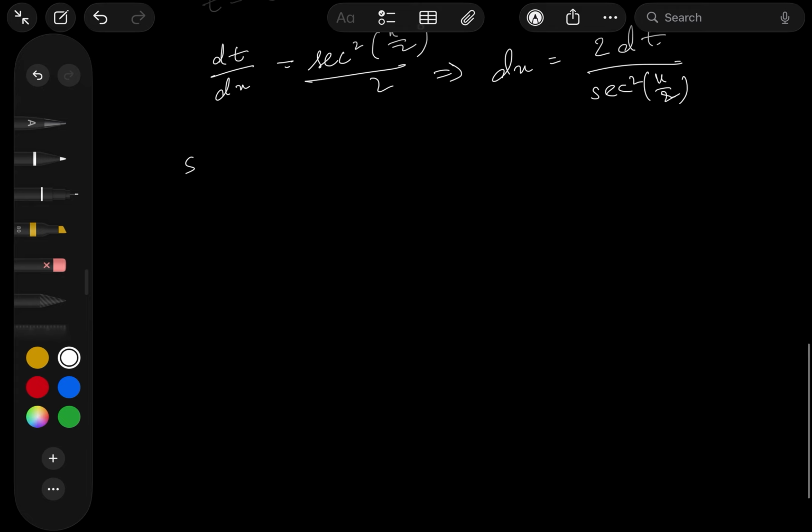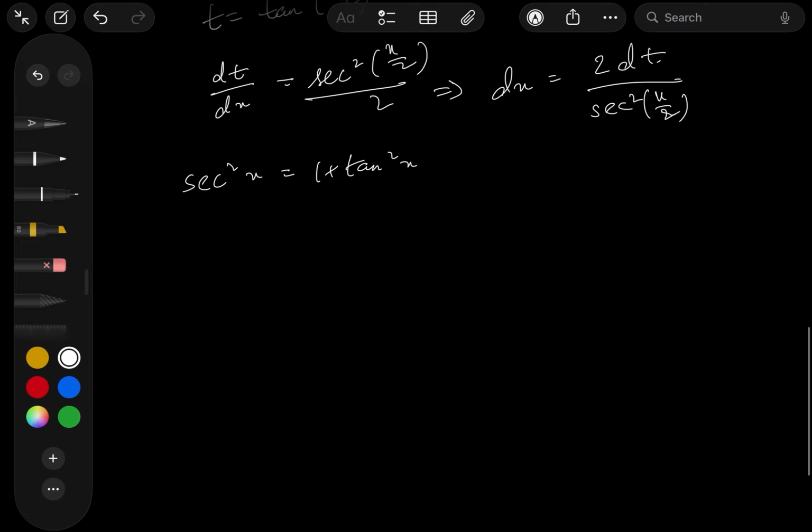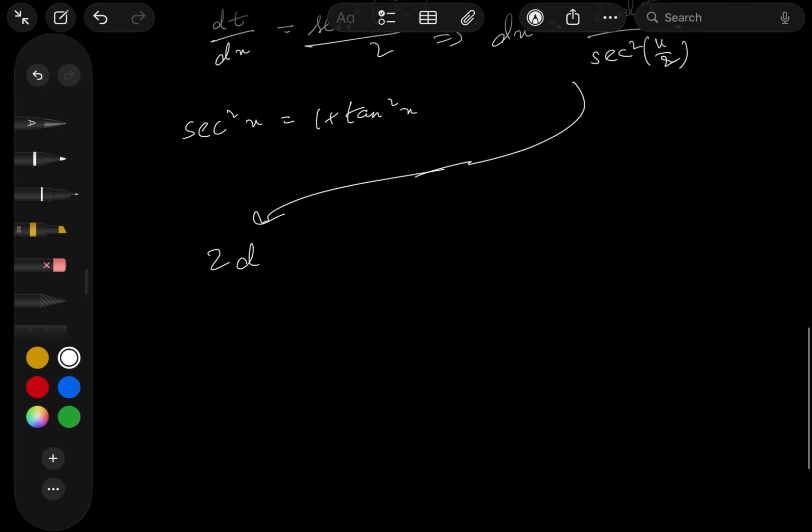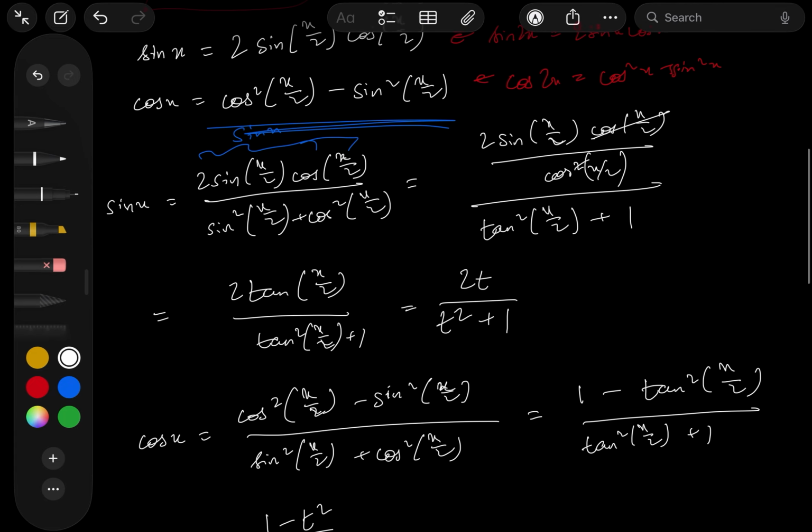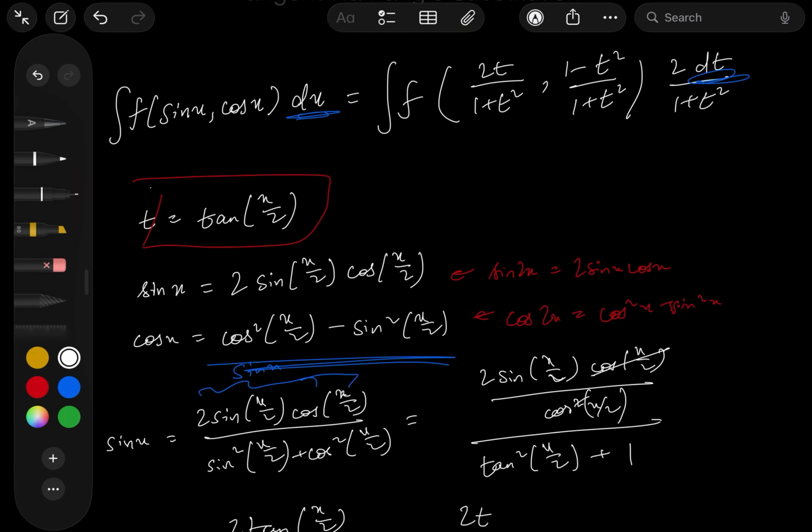Now we also know that sec square of x is equal to 1 plus tan square x, so we can write that as 2 dt over 1 plus t square is equal to dx. And so that's how we get this formula.